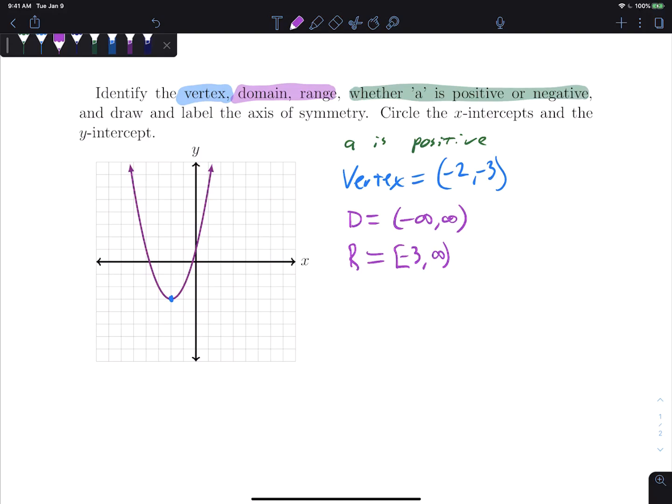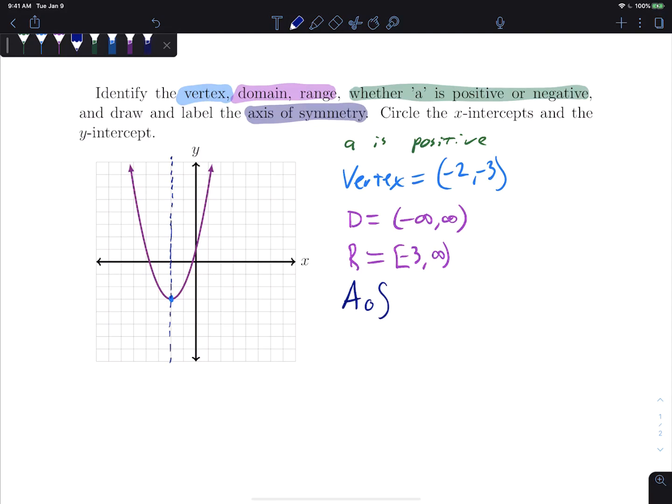The next thing we want to look for is the axis of symmetry. So let's go ahead and draw the axis of symmetry. It is a vertical line going through the vertex. So I'm going to start here and draw a vertical dotted line that goes through the vertex.